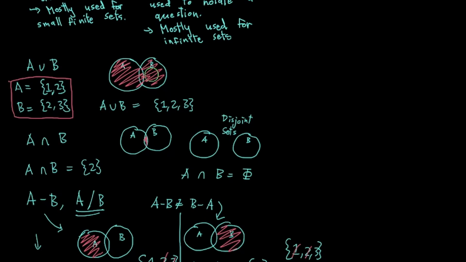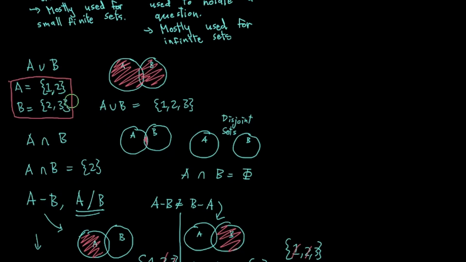So for example, we have the set A has 1 and 2, B has 2 and 3. So A union B is basically going to be {1, 2, 3}, not {1, 2, 2, 3}, because 2 is repeated. Now A intersection B is kind of the opposite, right? In A intersection B, we're basically taking only the common elements. So for this case, again, A intersect B is going to be {2}, because that's the only common element the two have.